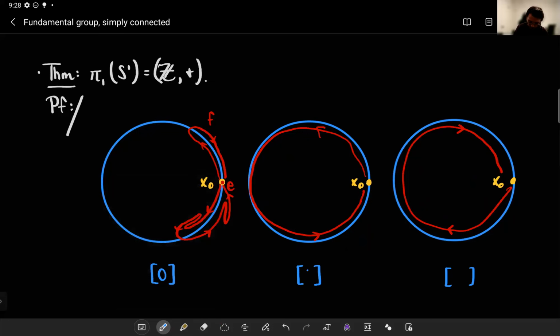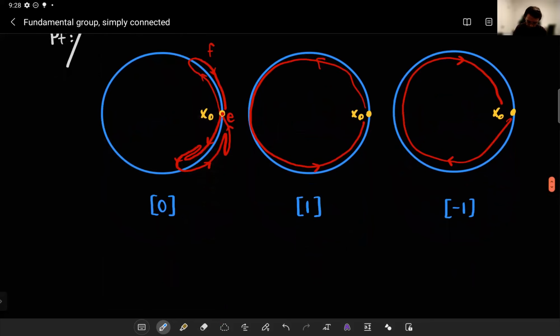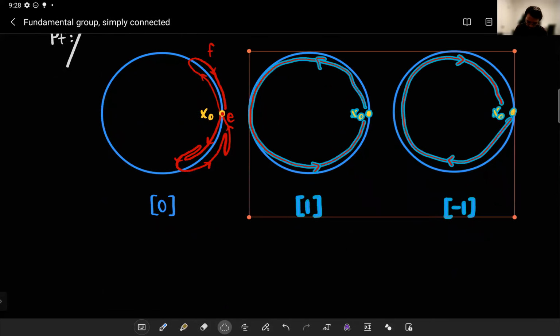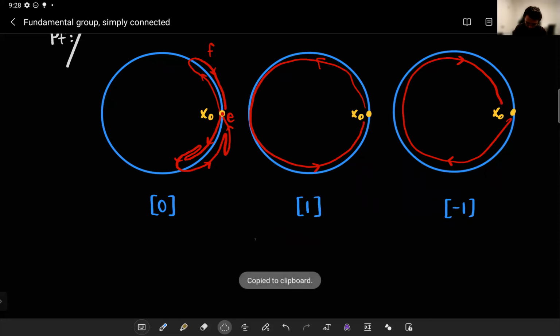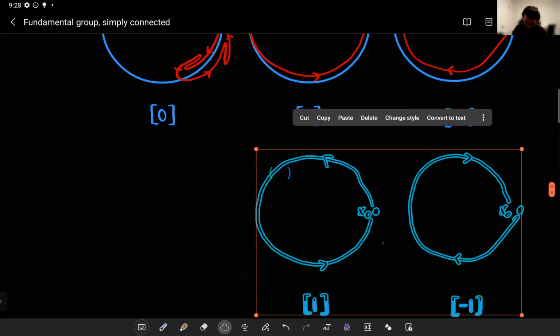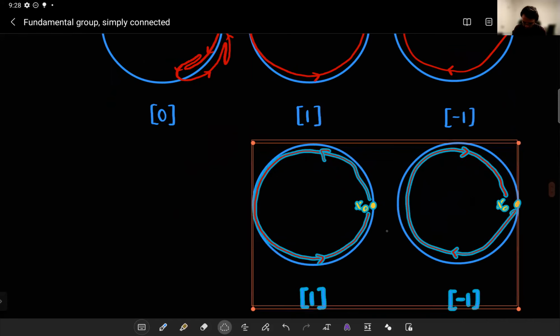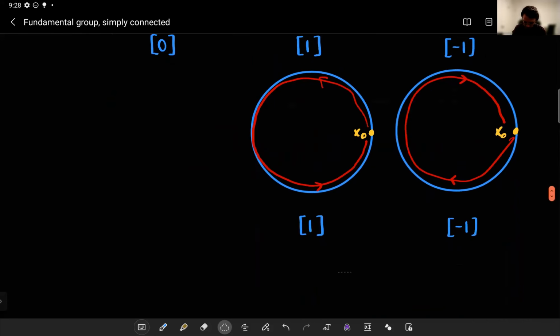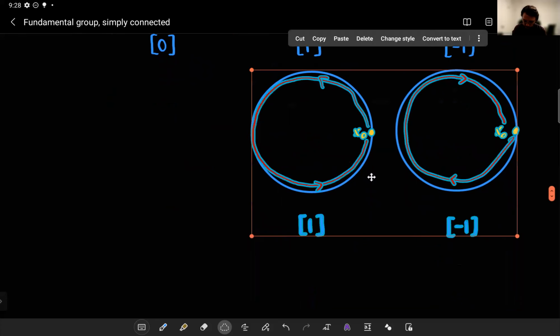This is really the homotopy class of 1, because I looped once counterclockwise. This is the homotopy class of -1, because I looped once clockwise. If I reproduce this down here, hopefully you can guess what I would get if I went twice in either direction.